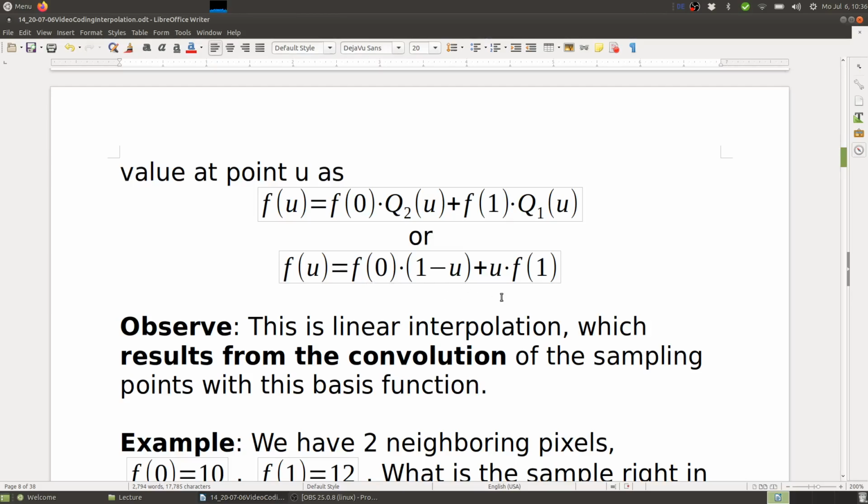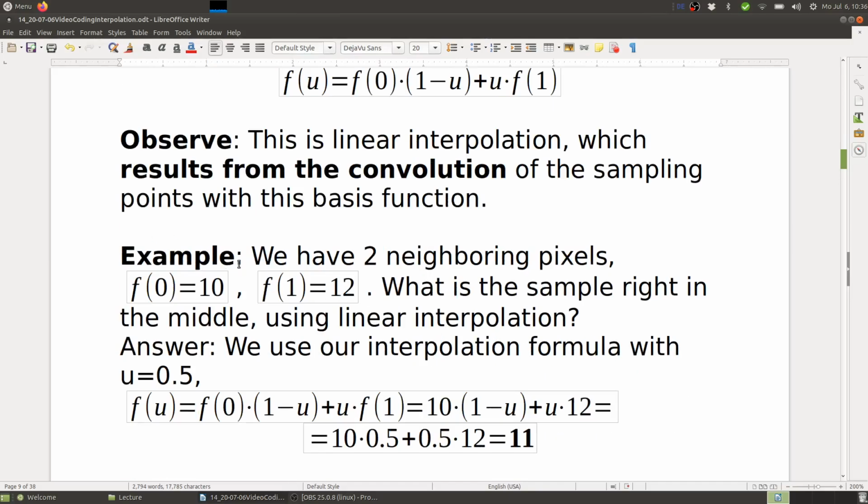And here it results from the convolution of the sampling points with a basis function. So we can see this general convolution of our pulse sequence with a basis function, in this case, results in linear interpolation. So linear interpolation is a special case of interpolations with basis functions.